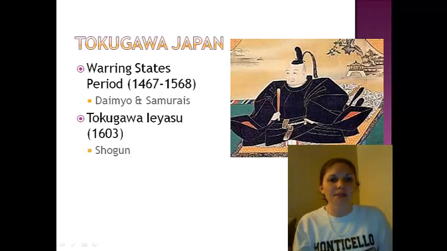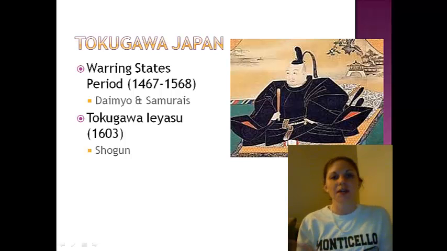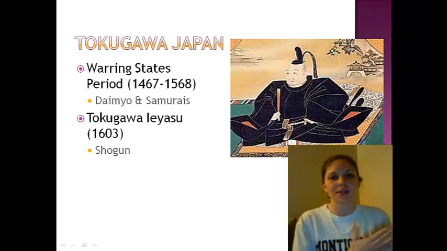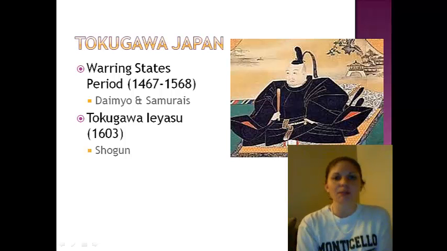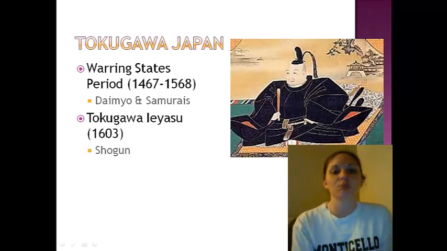He begins a period of stabilizing Japan, bringing stabilization to this Japanese country that has been in about 100 years of chaos and war and constant fighting. So he begins to stabilize Japan, and Japan begins to prosper under him.